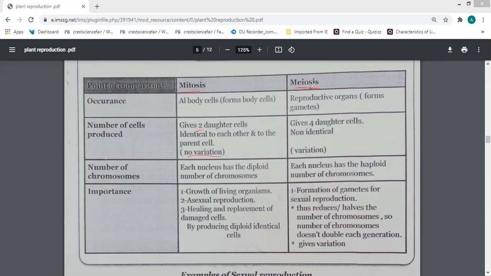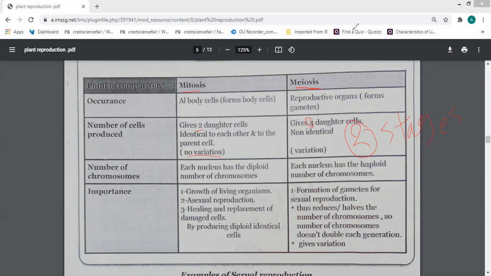Meiosis occurs through 2 stages, not one like mitosis. Mitosis is just 1 stage, but meiosis is 2 stages: meiosis 1 and meiosis 2. Each stage produces 2 cells, so finally this type of division, meiosis, produces 4.